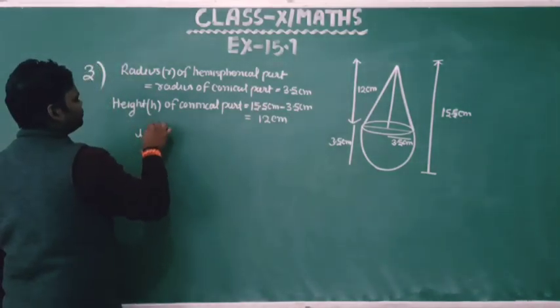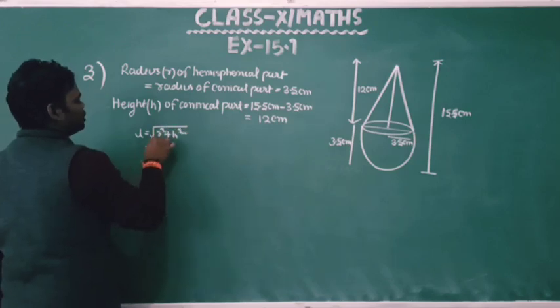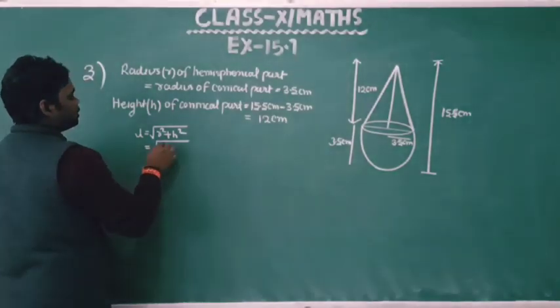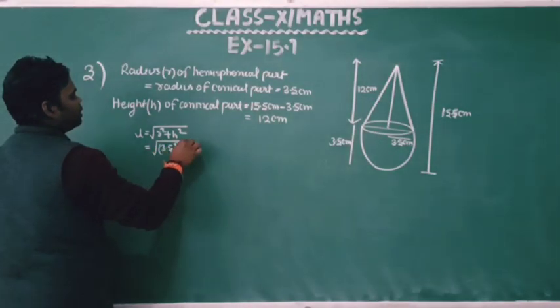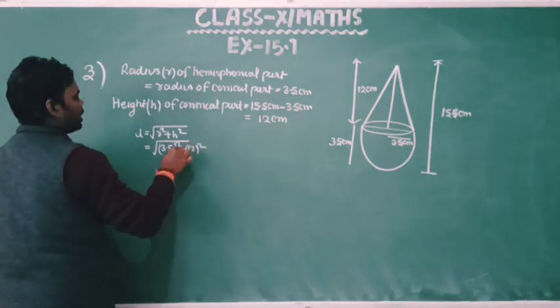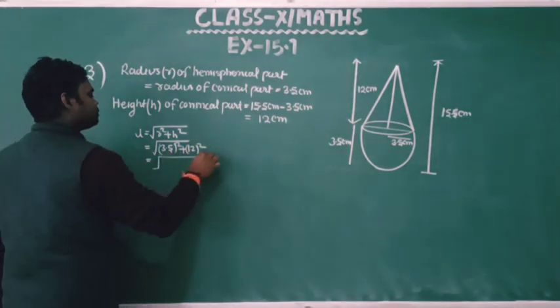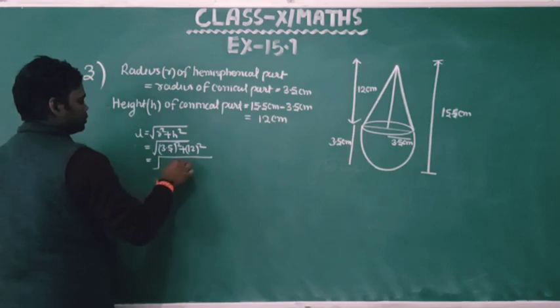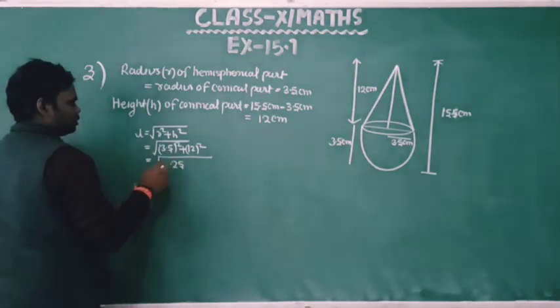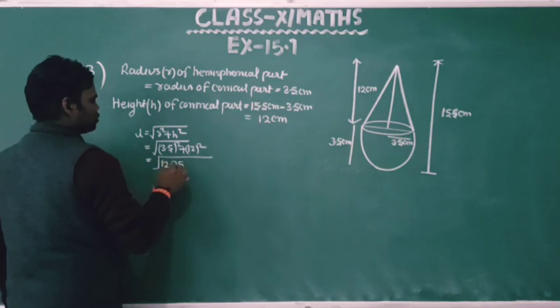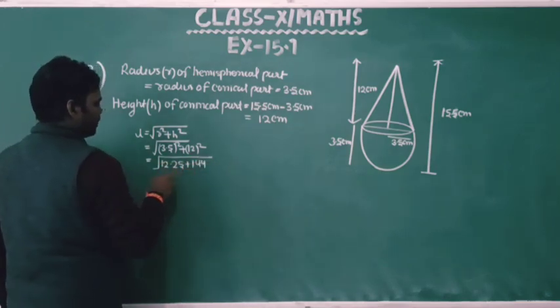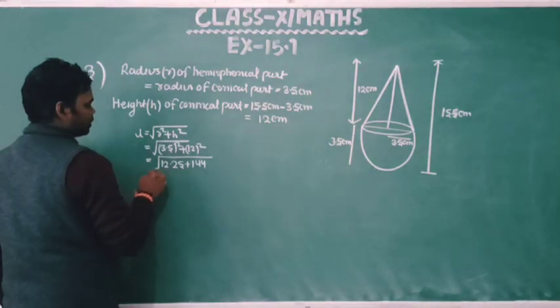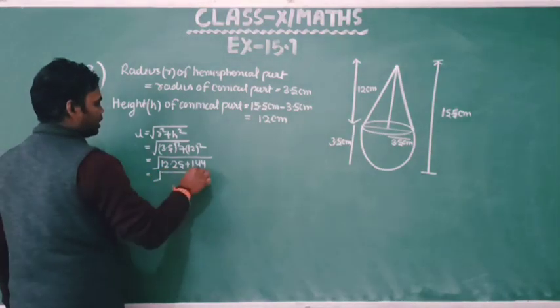So l equals under root r square plus h square, which is under root 3.5 square plus 12 square, that is 12.25 plus 144.